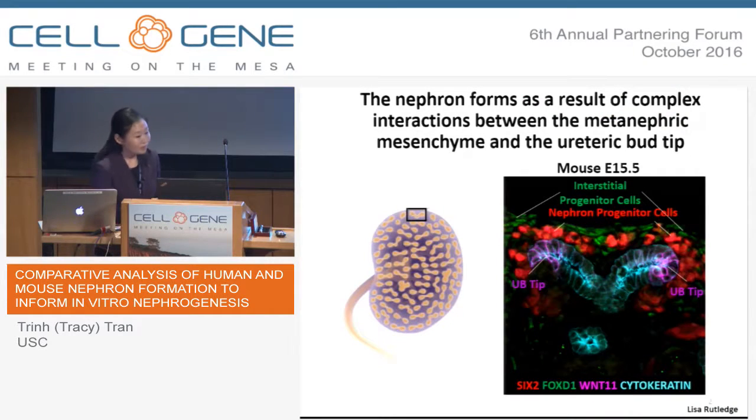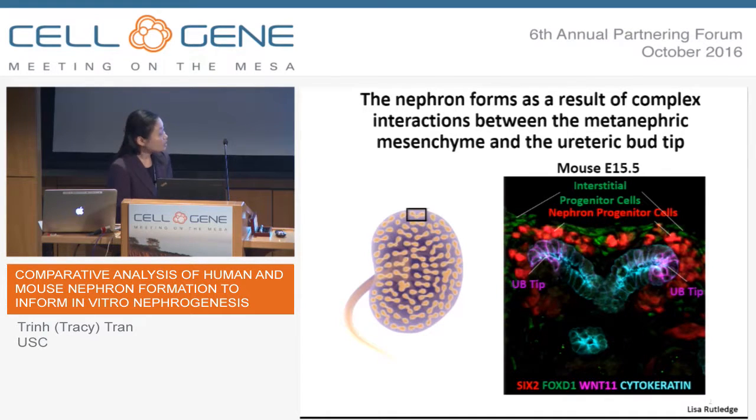To give you a little background about kidney development, the nephron, which is the functional unit of the kidney, forms as a result of complex interactions between the different cell types in the nephrogenic niche. I'm showing you here an illustration of a mouse embryonic kidney, and each of these dumbbell structures is a nephrogenic niche, and we have a staining on a sagittal section of the mouse nephrogenic niche.